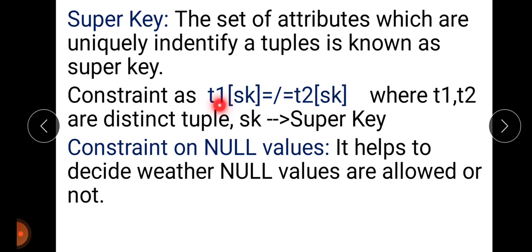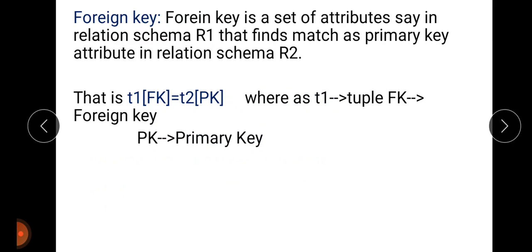That is, tuple 1 from one relation and tuple 2 from another relation should not be the same. It won't accept any redundant data when we specify the super key constraint. The constraint on null values helps us to decide whether null values are allowed or not.